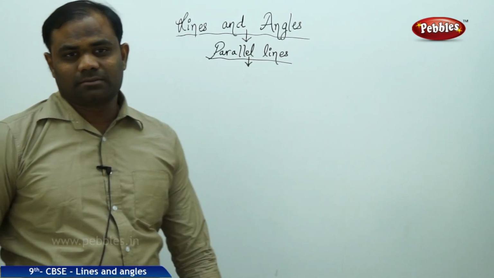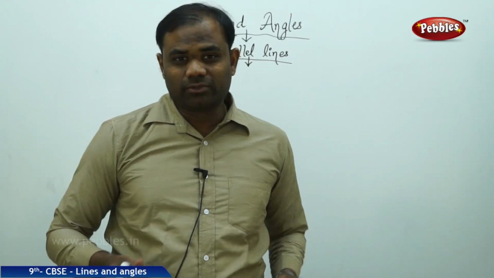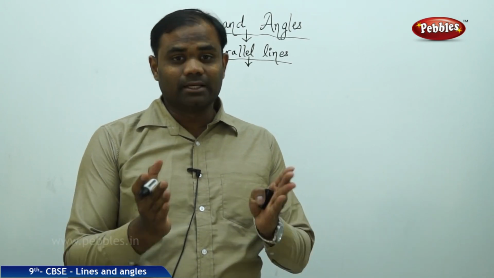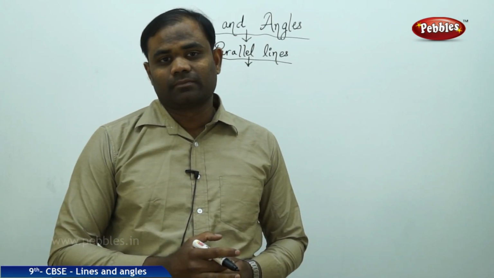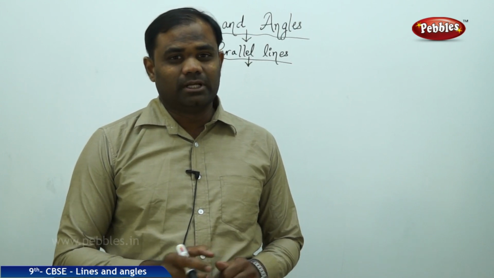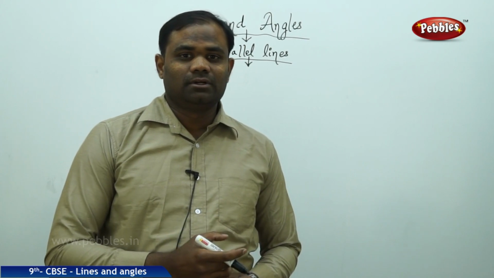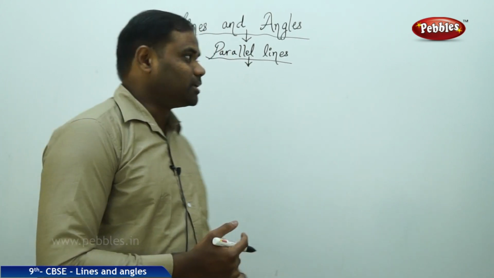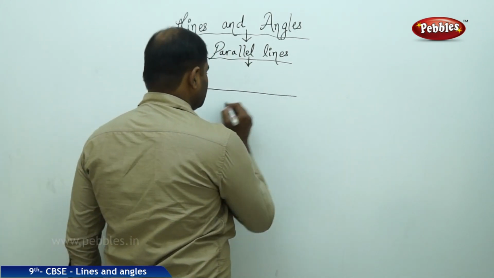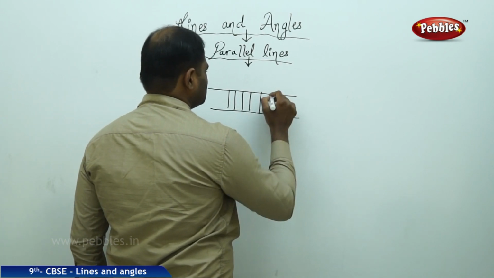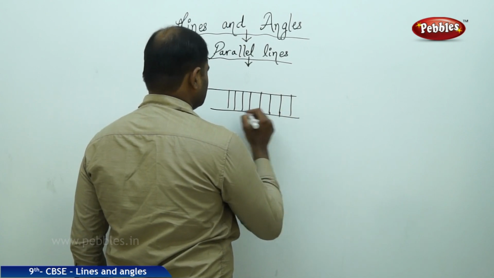What are parallel lines? Imagine we have a railway track in which the 2 rails are exactly at equal distances. There is no possibility that the 2 rails meet at the railway track. So the railway track can be taken as an example of parallel lines which are separated by this grids out here.